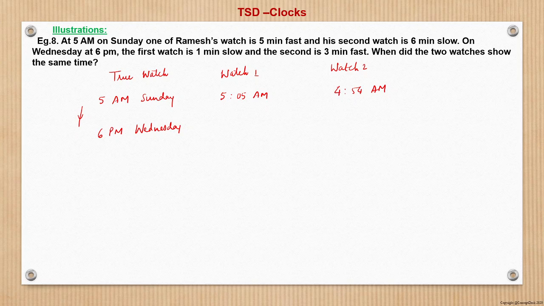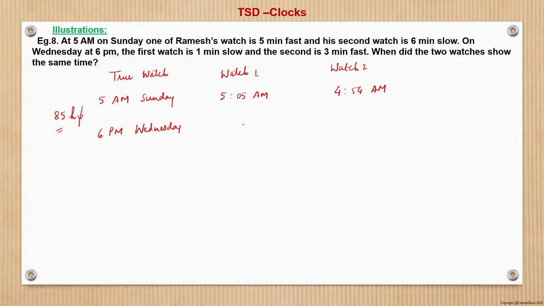So 72 plus 13 is 85 hours, right? 5 a.m. to 5 a.m. is 72 hours, and then 5 a.m. to 6 p.m. is 13 hours. So this is 85 hours. That is fine.